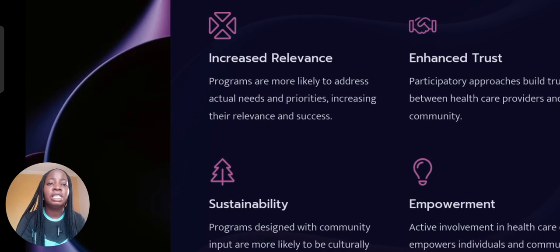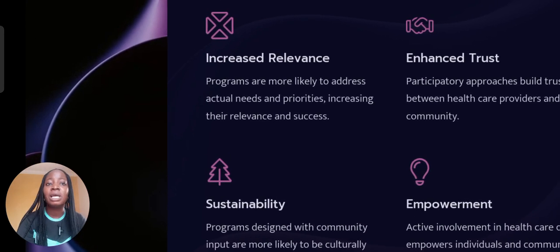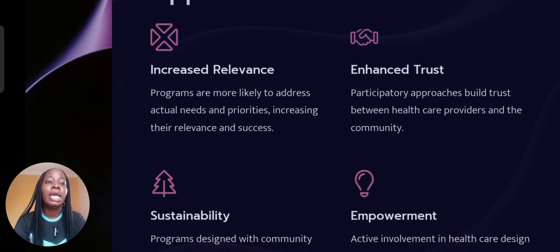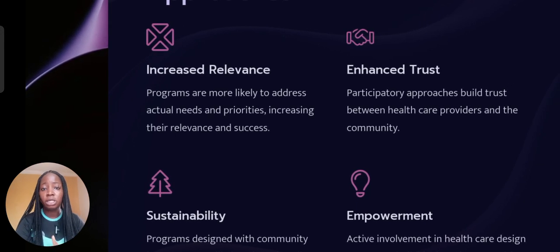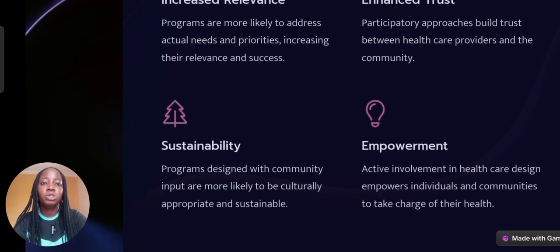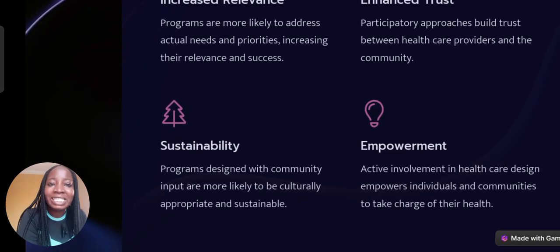So what are the benefits of these participatory approaches? Number one, there's increased relevance. Programs are more likely to address actual needs and priorities, increasing their relevance and success. Number two is to enhance the trust between the healthcare providers and the community members, and of course other stakeholders as well. The third one is sustainability. Programs designed with community input tend to last longer, and are also culturally appropriate.